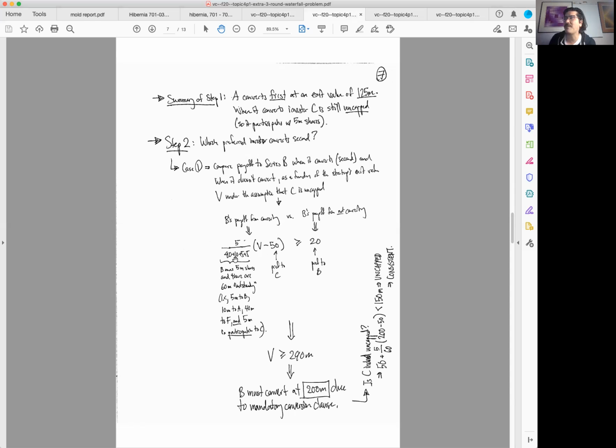So they would own 5 out of 60 million shares, correct? And how much preference would there be left? There would be left just the 50 to Series C because A and B have converted now, correct? And that has to be greater or equal to 20. That gives us 290. We okay with this? By the way, 290 is above 200, so we actually know they're pulled into mandatory conversion. So they're converting at 200. Are we okay with this?